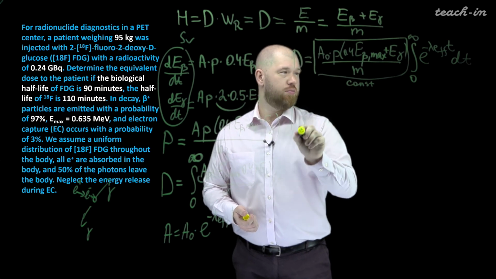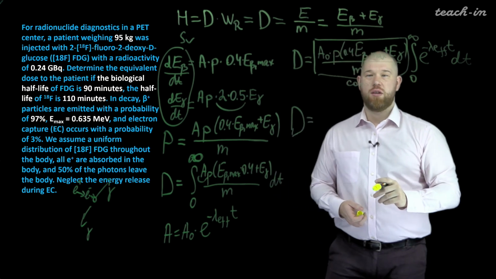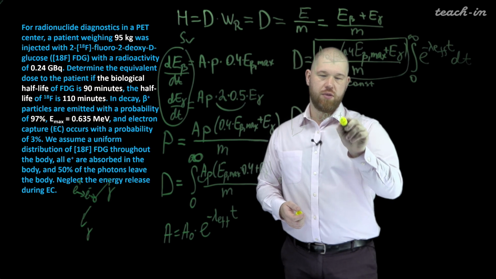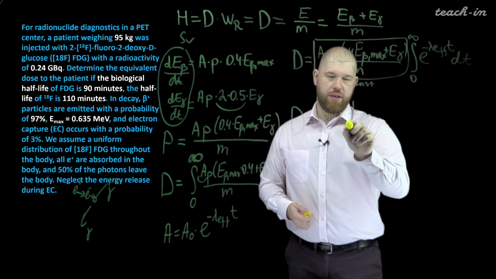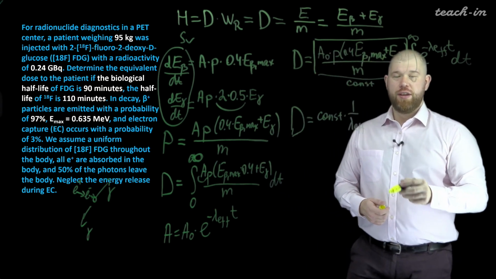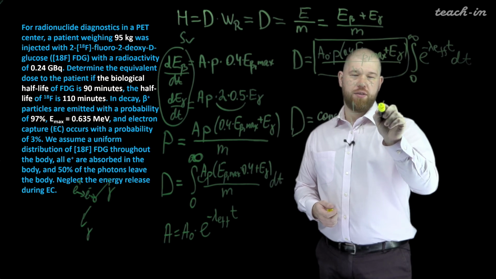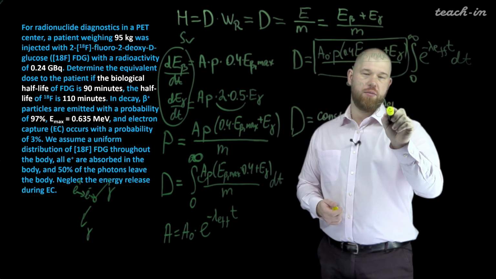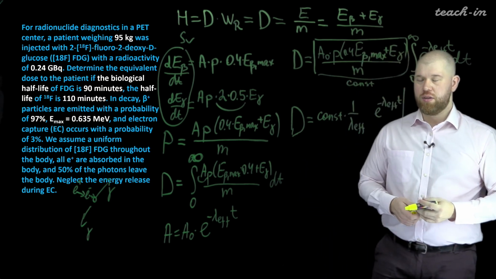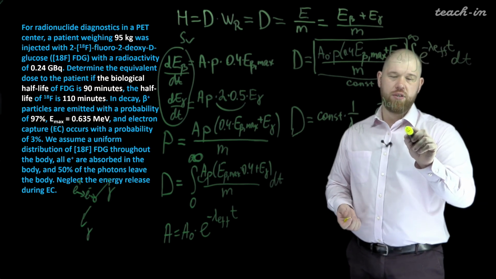So the dose will be equal to this constant times 1 divided by lambda effective, and then minus exponent minus lambda effective t, and here the limits for integration.